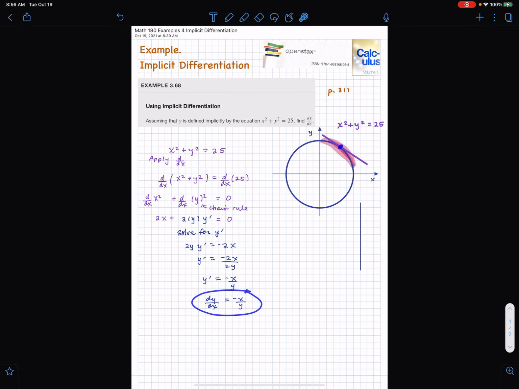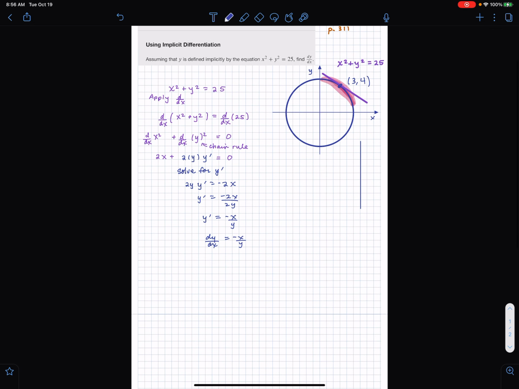So say we find that at the point 3, 4, for example, then we would put in 3 and 4, where x is 3 and y is 4, and that would give the slope of the tangent line. So maybe I'll just go ahead and do that.